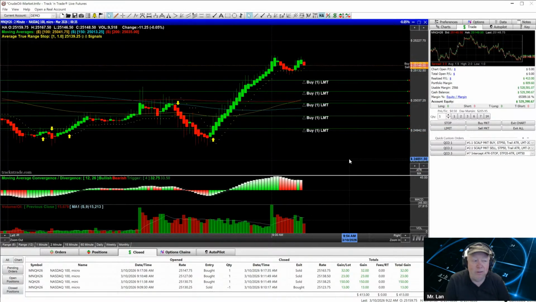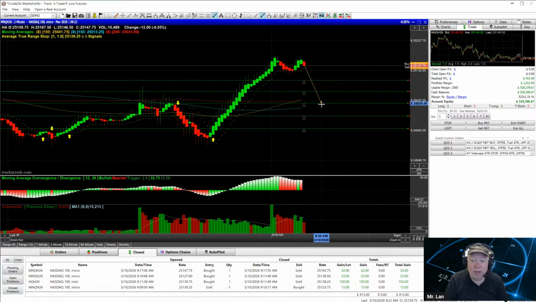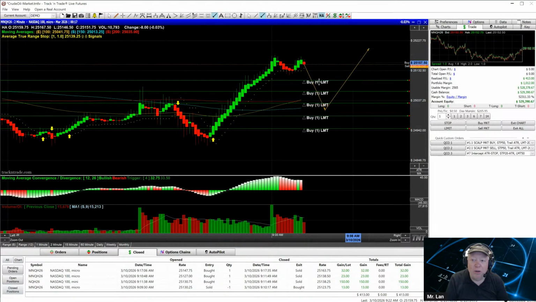As the market comes down, it's going to fill one here, fill one here, fill one here, fill one down here. The idea is that you're going to dollar cost average down as the market comes in anticipation of a reversal of the market turning back up. So the market might come down and fill these three orders and then turn around and start to go up, and you'd have an average price of those three orders right in there, and you would be long from that position. That's how that works.